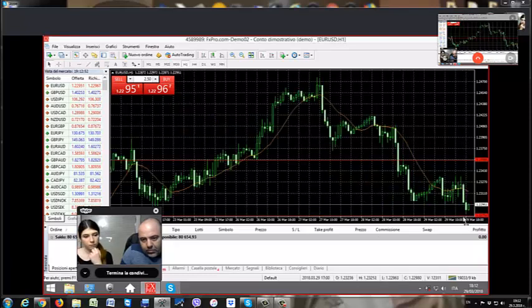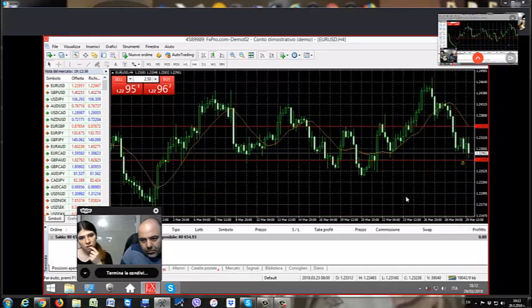Same situation on 1 hour. So what I do, I go to 4 hour. If you take a look at my Twitter, I tweeted 1 hour ago: short EL only below 122 and 79 on 4 hour.